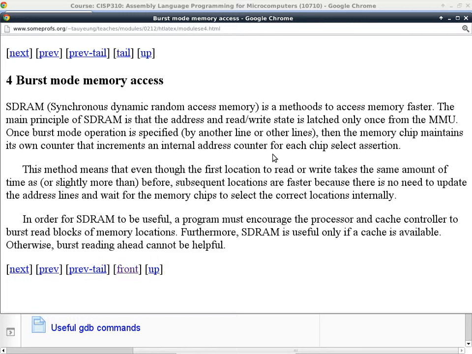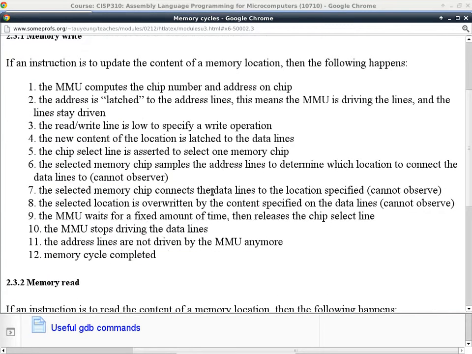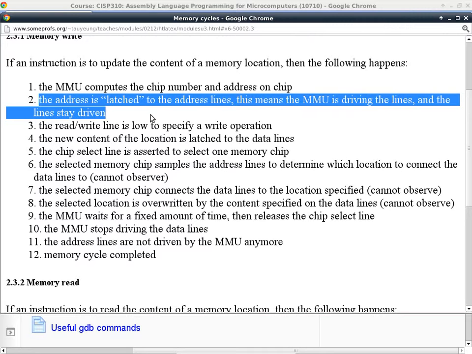Okay, let me switch back to the memory cycle part here. This is the entire full cycle. This part here takes time, because you have a lot of address lines. In the example, we only have 9 address lines, but these days, how many lines do we have to a single memory module?